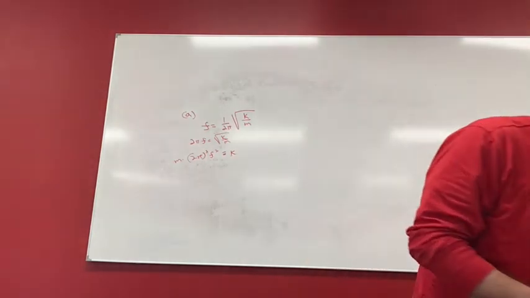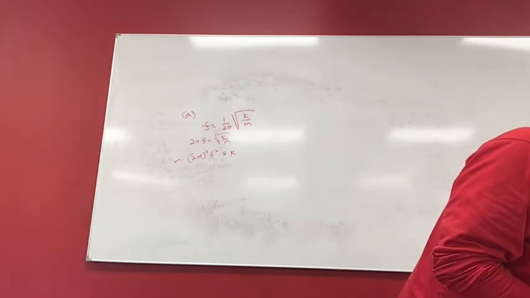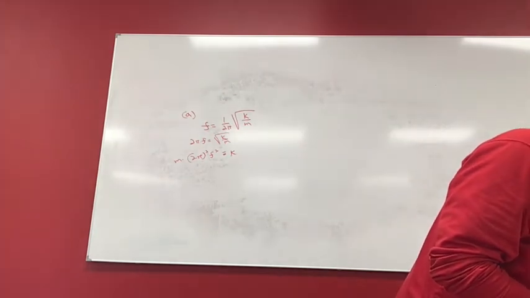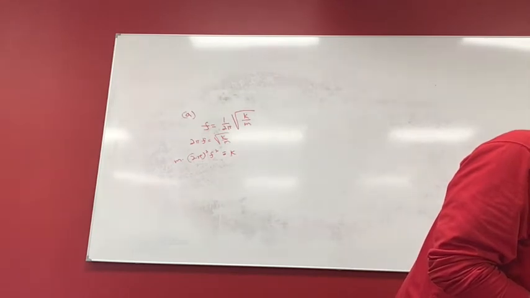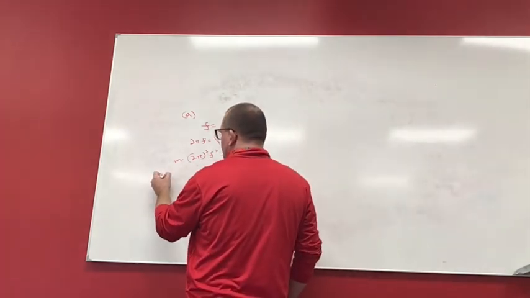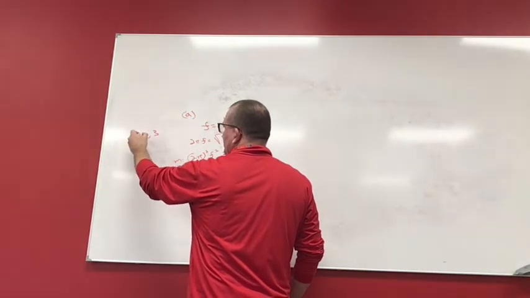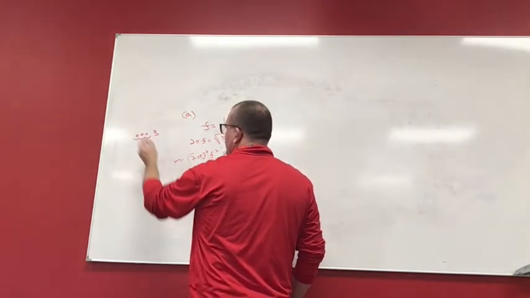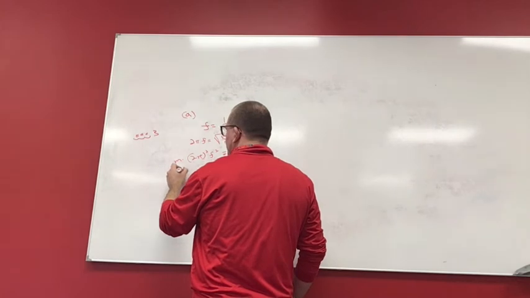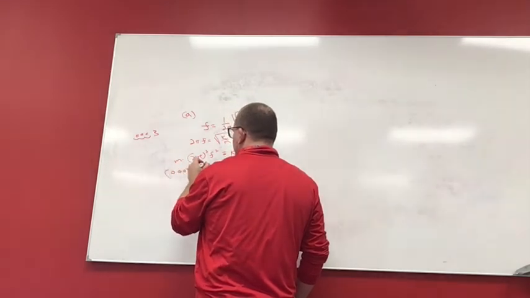So we know the mass is 0.3 grams. That's the spider. Got to convert it to kilograms, so 0.0003 kilograms times 2 pi squared.